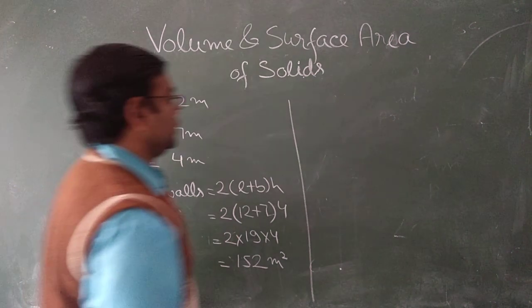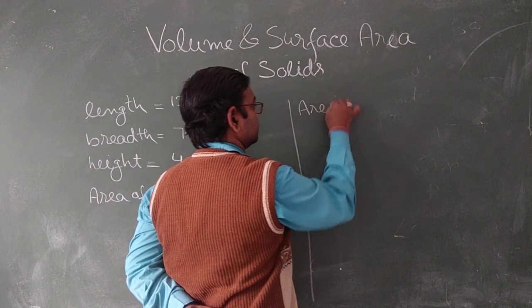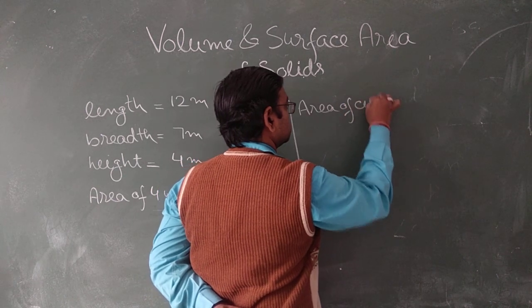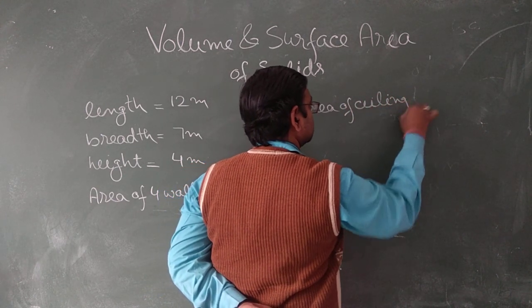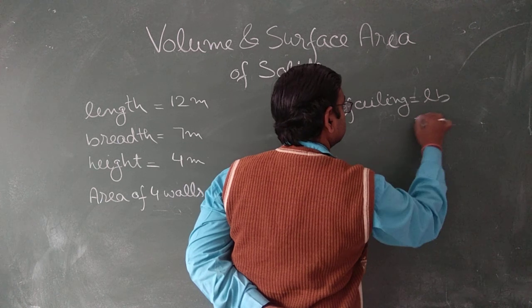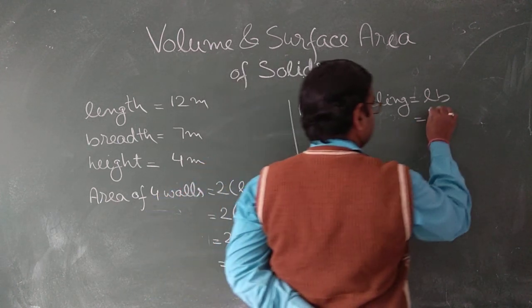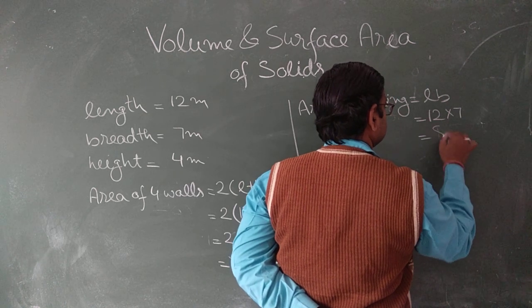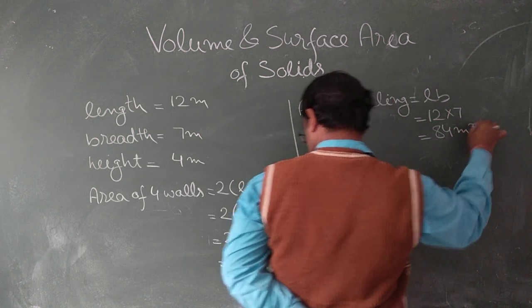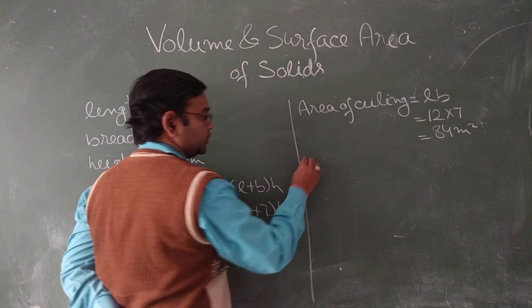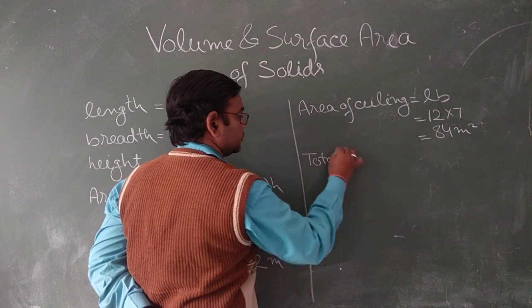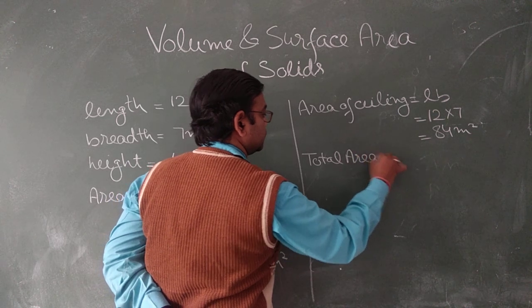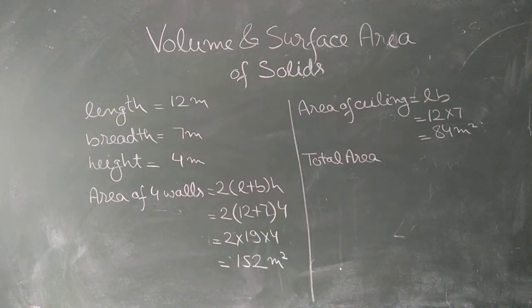Now area of ceiling equals length into breadth. It's 12 into 7, 84 meter square. Total area for repairing.